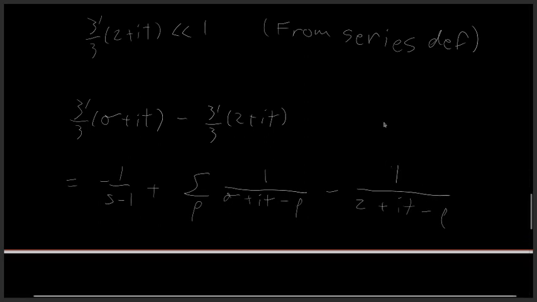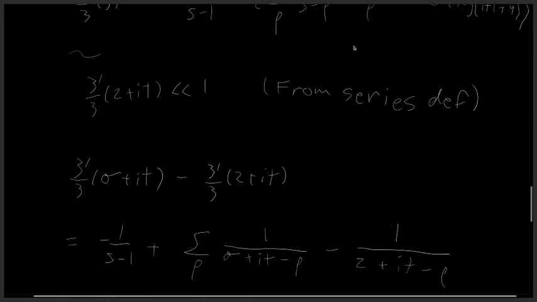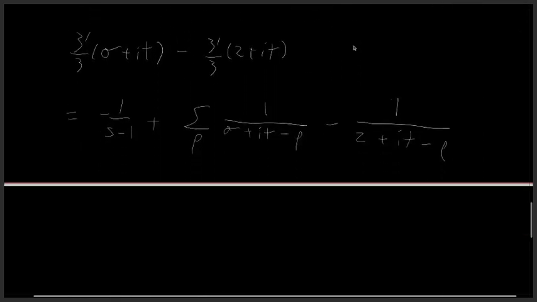And so again, just taking this term and substituting in these two values of s and taking the difference. And we don't have a corresponding term here, of course, because the 2 plus it here is going to be still in this error term.